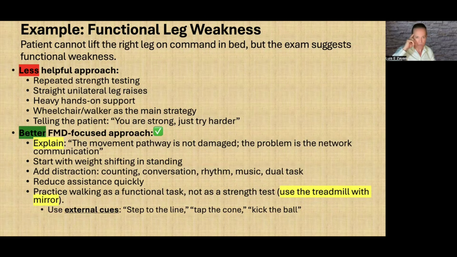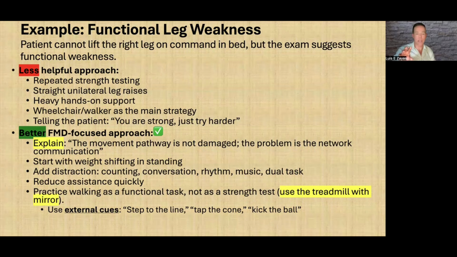Think about all the things that you can do to distract the patient, okay? Reduce assistance quickly and try to use a treadmill. Treadmills are really good for these patients, especially if you put a mirror in front. Why? Because you set the pace, and they're not going to fall. Hopefully.